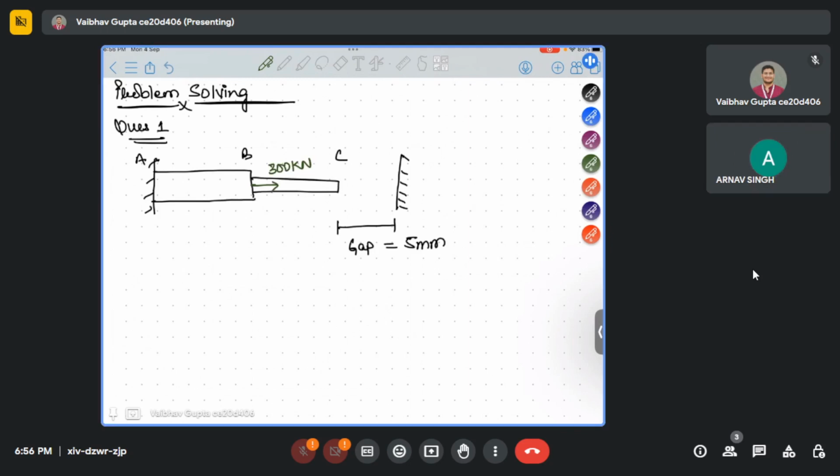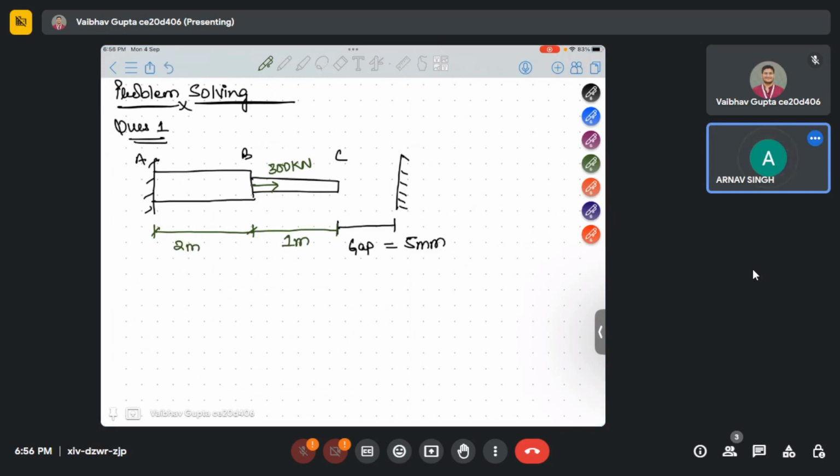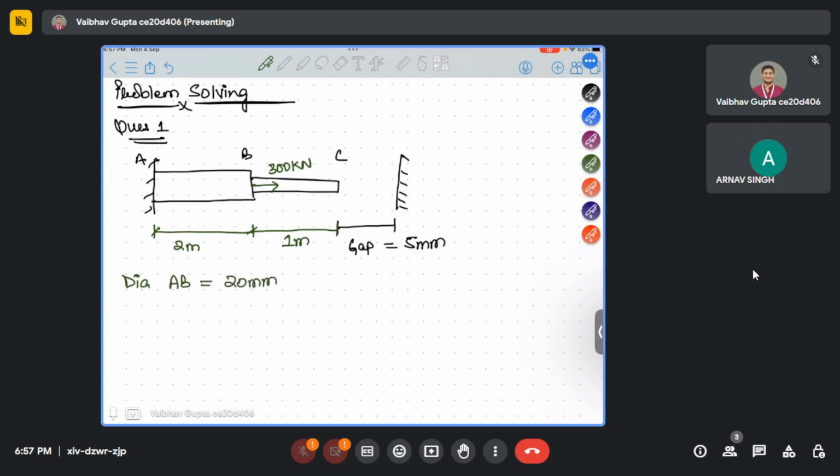Length of AB is given as 2 meter, and length of BC is given as 1 meter. Other details given: dia of AB is 20 mm, dia of BC is 10 mm.